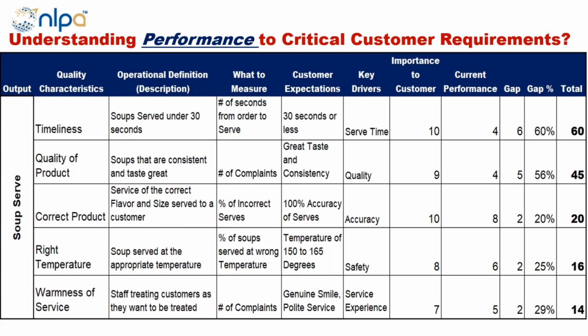What's the current performance? We'll see on the right of the matrix the column with the percentage gap, and a numerical value of the gap, and the column all the way to the right is an index to prioritize which of these areas have the most severe degree of non-conformance or gap.